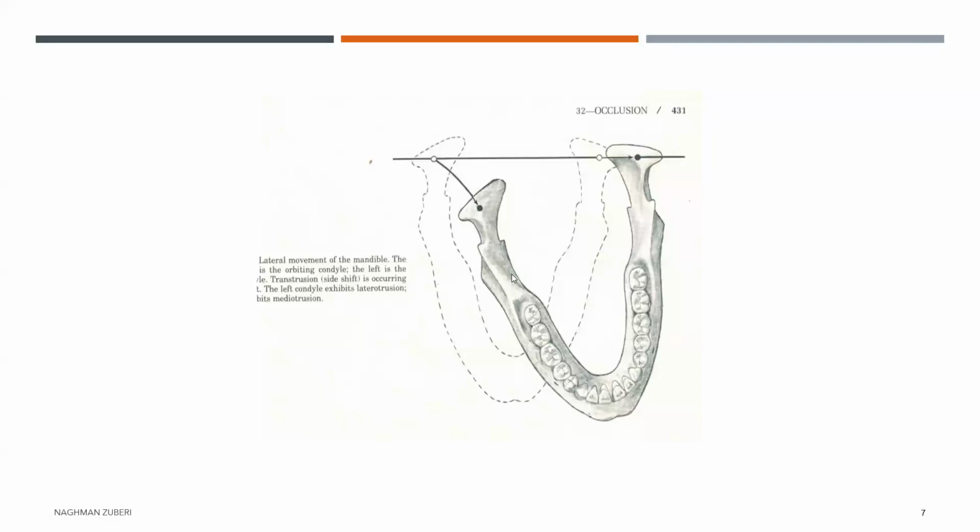That is why it is not a very good thing to restore or make a crown or a bridge on just a plain line articulator. You have to use the adjustable articulator in order to avoid this type of interference.